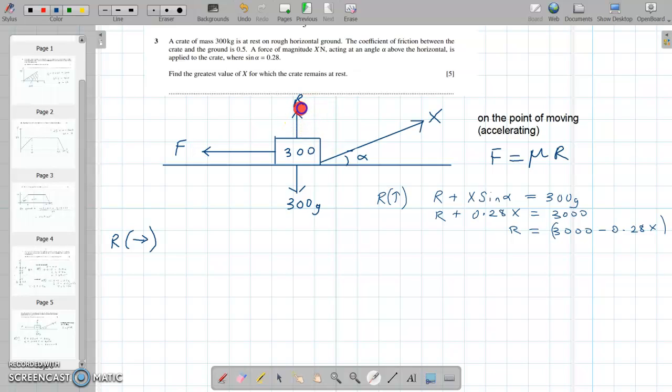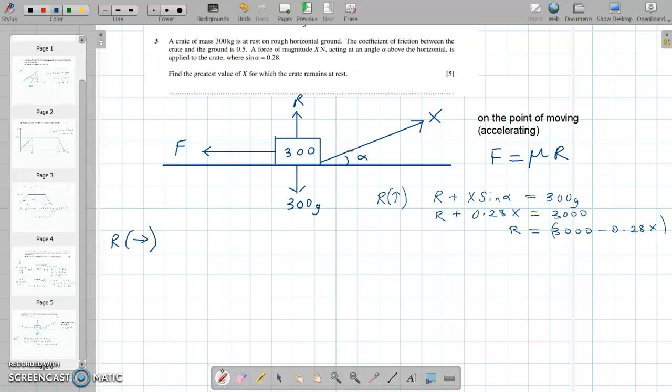R is not going right or left, it's at 90 degrees, so that's not part of the forces to the right. 300G is not going to the right or the left either, it's at 90 degrees to movement, so it has no effect. So we've only got two forces, F and X. So the resolved X in this direction is going to equal F.